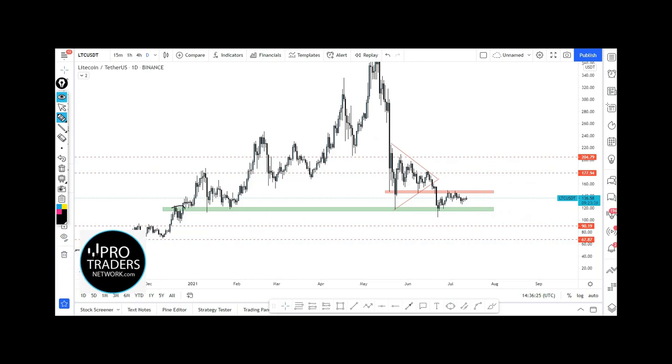This was a resistance here, then acted as support, now again acted as a support, and it started bouncing to the upside from this area. But here's the thing, the current momentum is to the downside. There are some possible scenarios that can happen. All of these depend upon the confirmation.